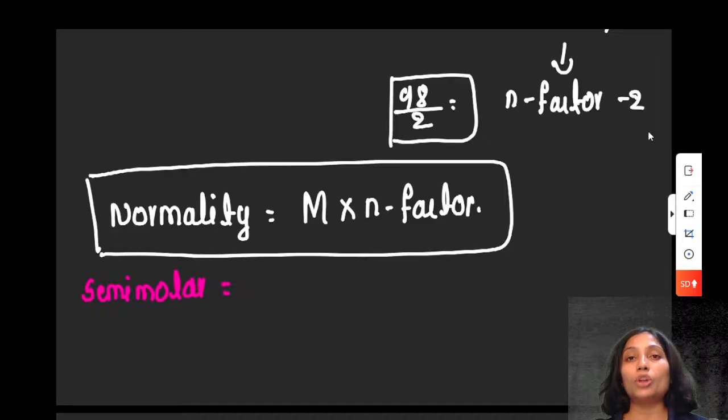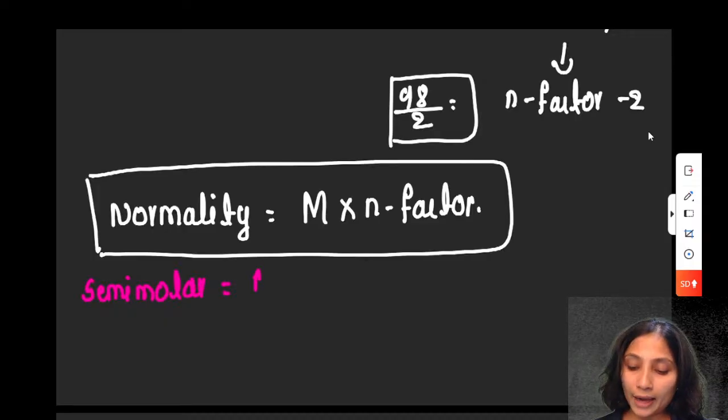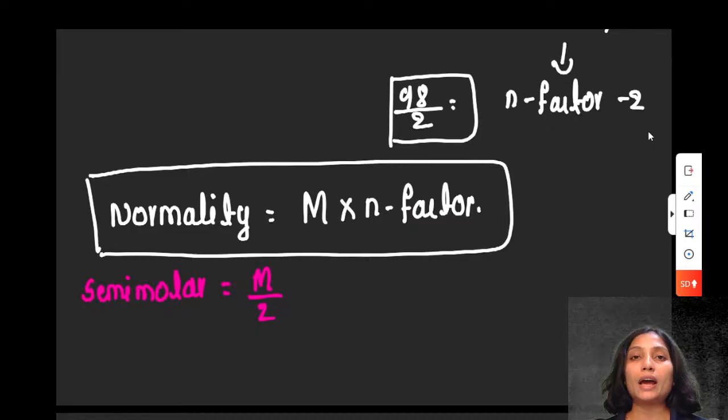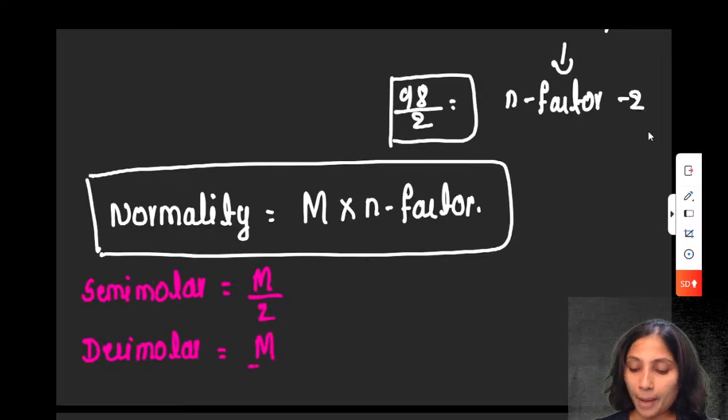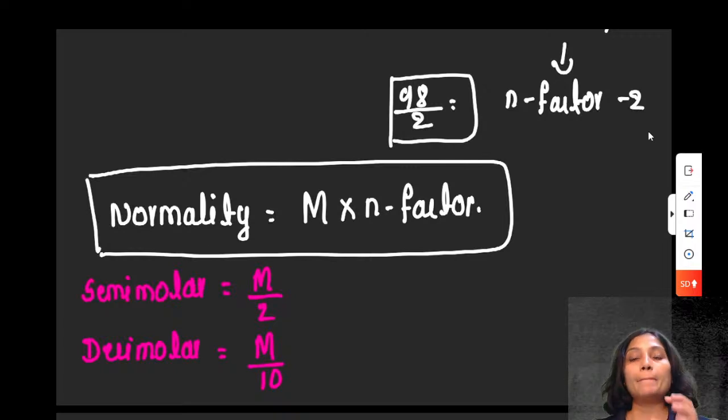Semi-molar or semi-normal, here we are considering molar. Semi-molar means molarity divided by 2, m by 2. And one more, decimolar means m by 10. M by 10 is nothing but decimolar.